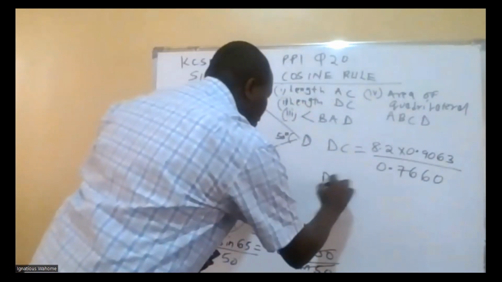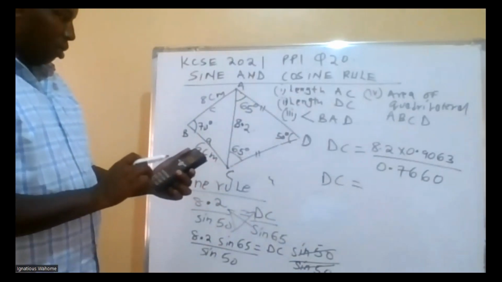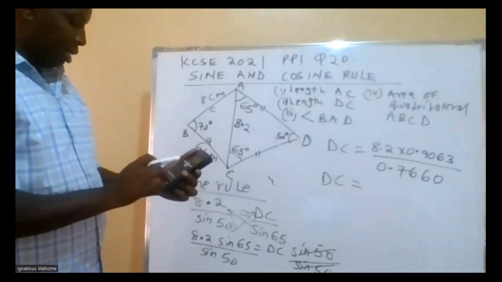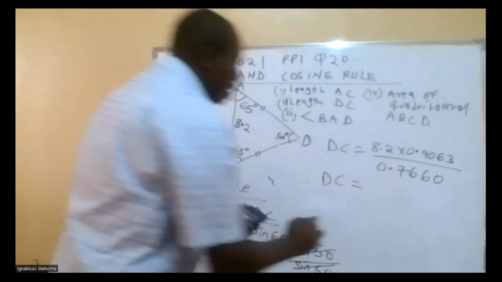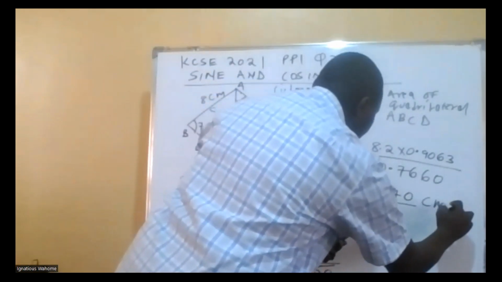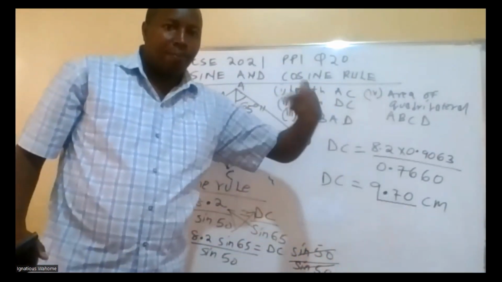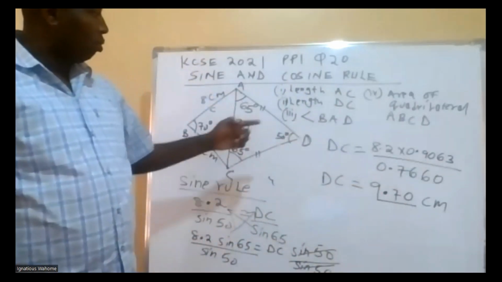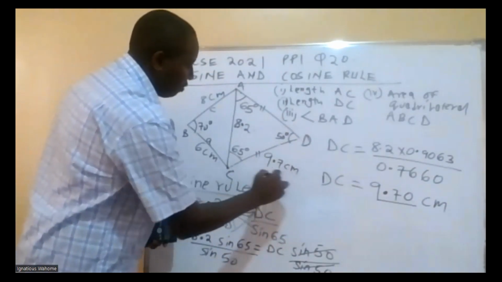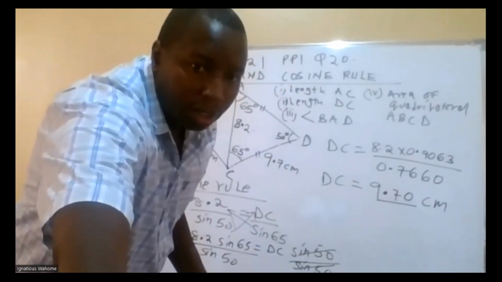So you can work it out: 8.2 times 0.9063 divided by 0.7660. Your DC is 9.70 centimeters, given to one decimal place. Our AC was 8.2, so this is 9.7 centimeters. That is the length of DC.